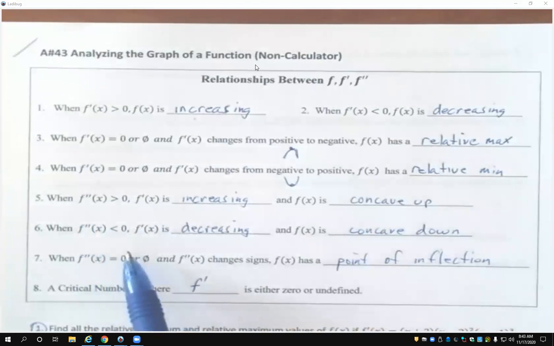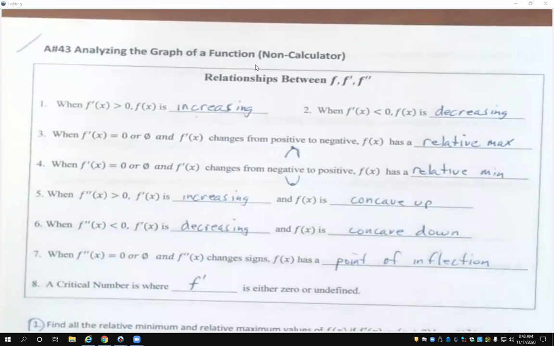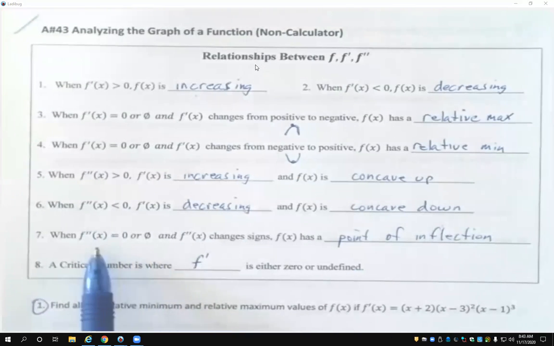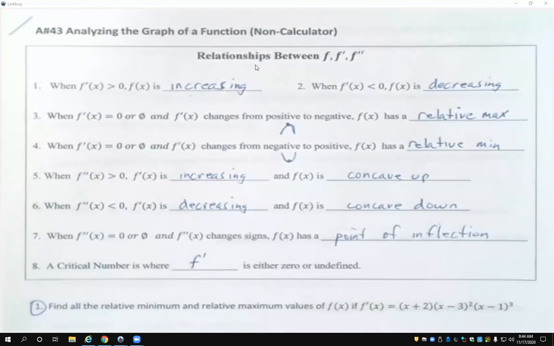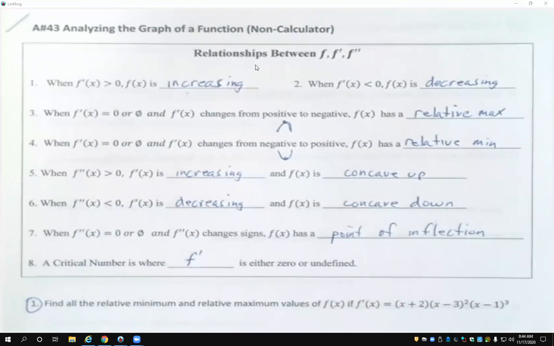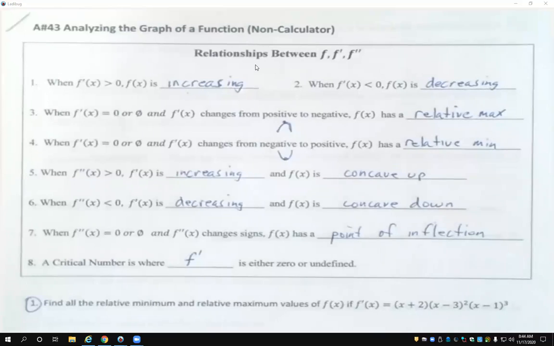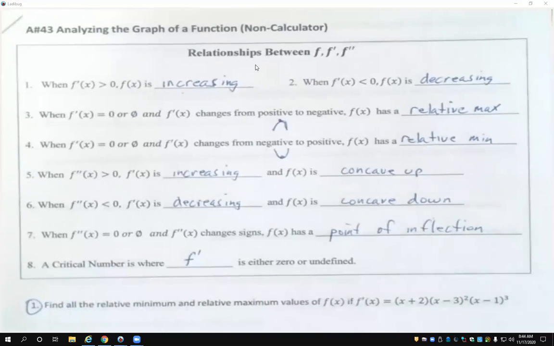And when f double prime is negative, f prime is decreasing, therefore f is concave down. Wherever we have critical numbers on f double prime, meaning where we're 0 or undefined, and we change signs, we'll have a point of inflection, which means we're changing our concavity from either concave up to concave down or vice versa. And typically our critical numbers that we're looking for are when f prime is 0 or undefined.